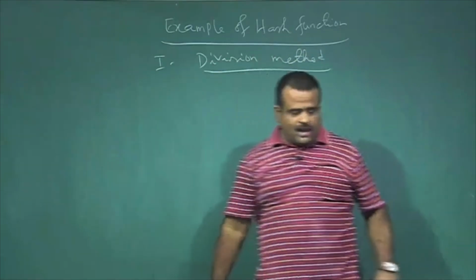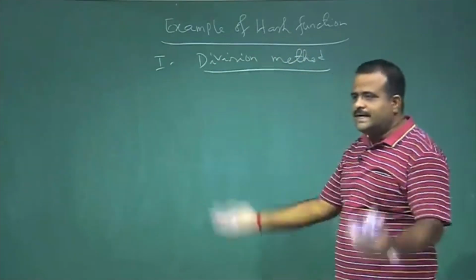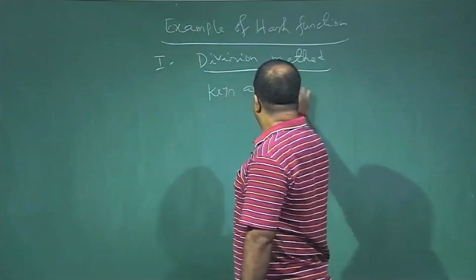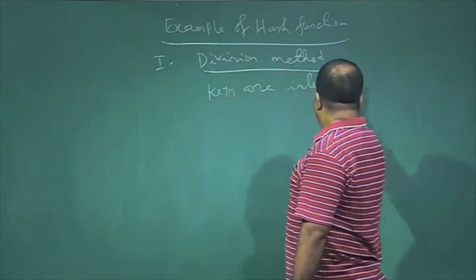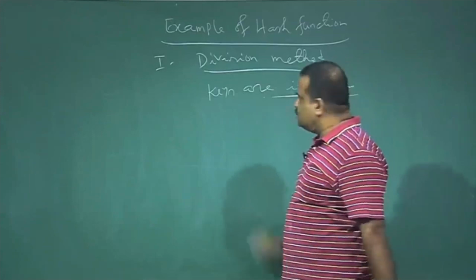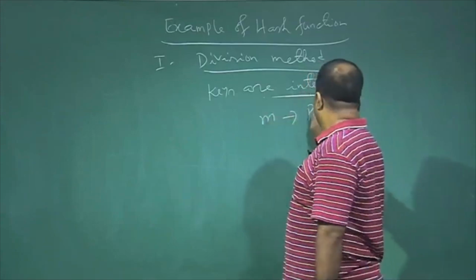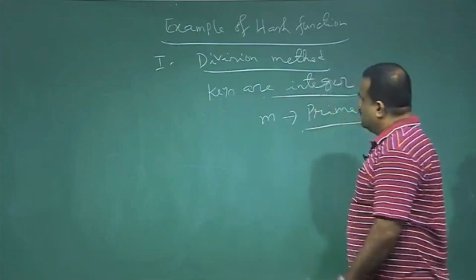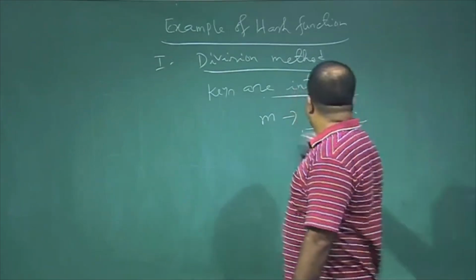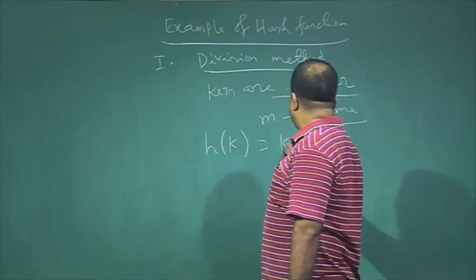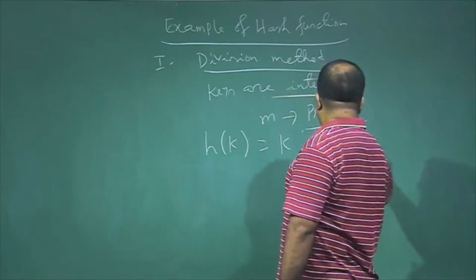Suppose our keys are integers, and our table size is m; usually we choose m to be prime. Since keys are integers, the hash function on this key is basically k mod m.